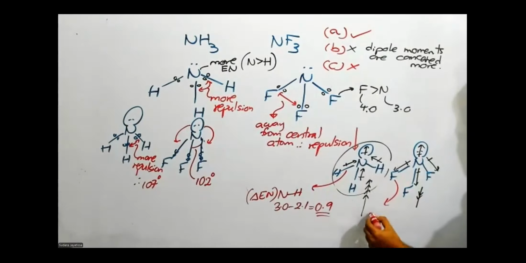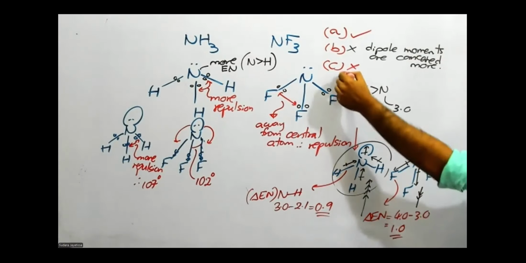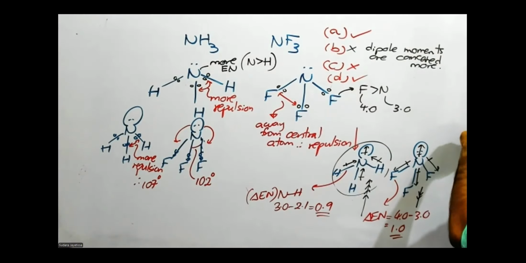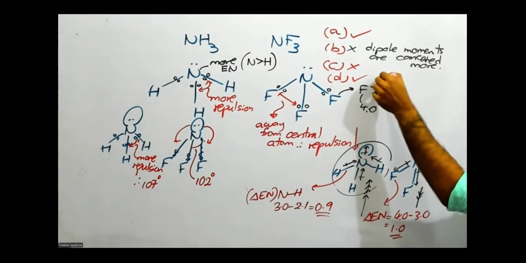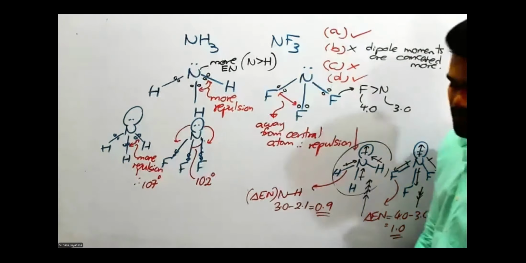So here delta E will be 4.0 minus 3.0, 1.0. So they are having almost similar, nearly equal. That statement is correct. You can take it as correct. Nearly equal, not exactly, nearly. So the answer is going to be, the correct ones they are asking, answer 4.